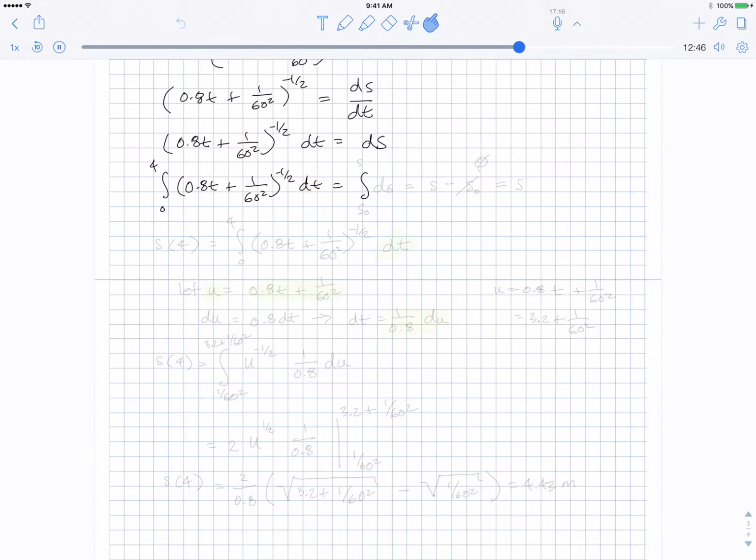The integral from s0 to s of ds equals s minus s0. And let's see what s0 was. It was shot from the surface, which is 0.